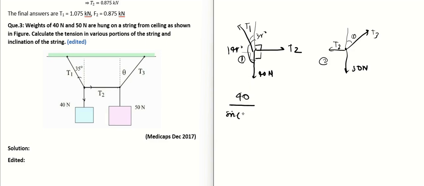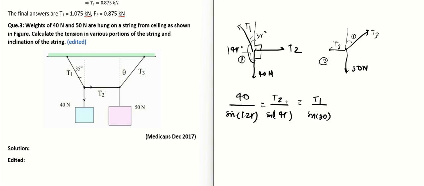So it will be 90 plus 35, which is 125. Similarly, T2 will be proportional to the angle between 40 and T1. So it will be T2 by sine of 145. And the T1 will be proportional to the angle between 40 and T2, which is nothing but sine 90.